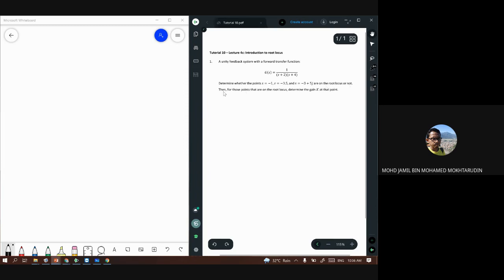And then, if the points are on the root locus, determine the gain K. Okay, so assume that this transfer function actually has a gain K, okay? Okay, so let's write the G(s) first.